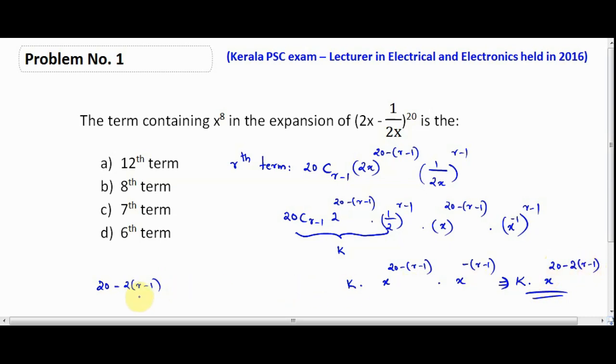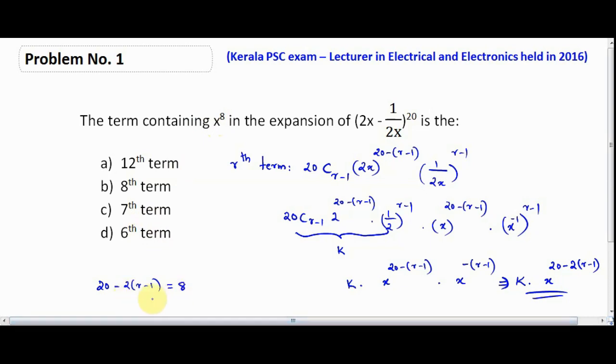So when you substitute that to 8, we will get the term which is containing x raised to 8. Okay, so the r value, whatever we can calculate, will be that term which contains x raised to 8. We have to substitute that equal to 8. Okay, so the value of r will give us the term containing x raised to 8.